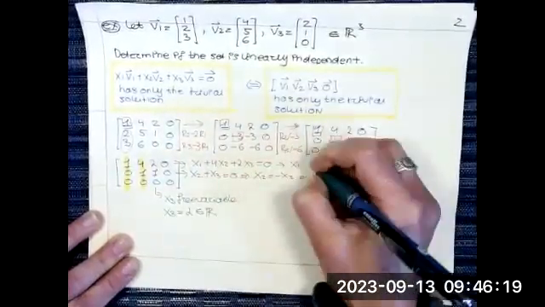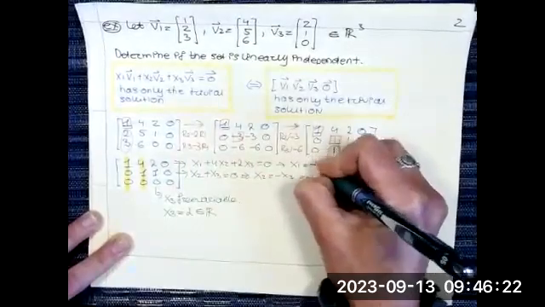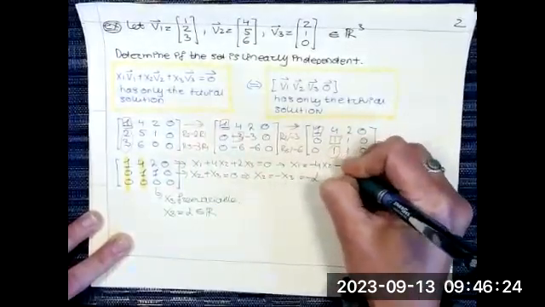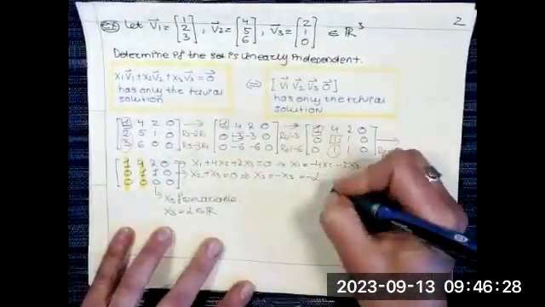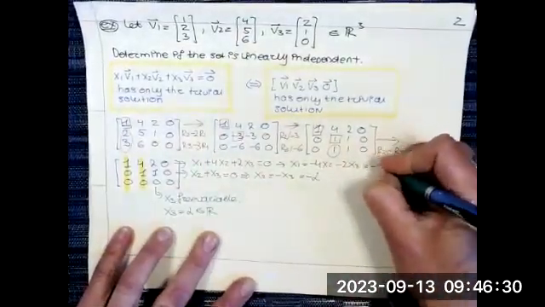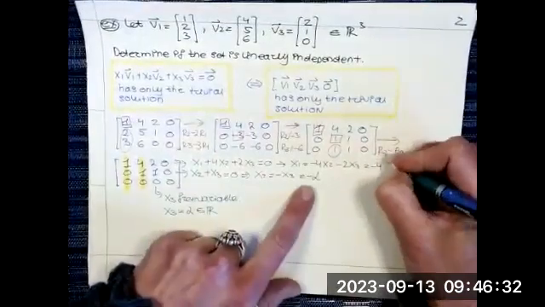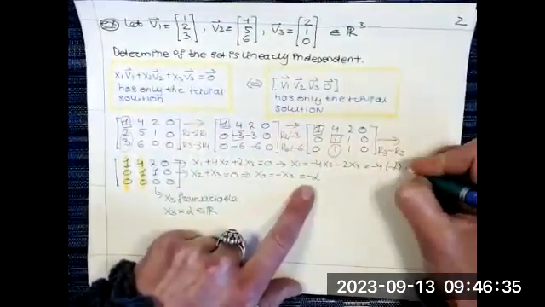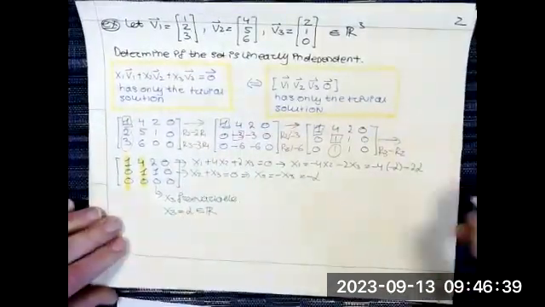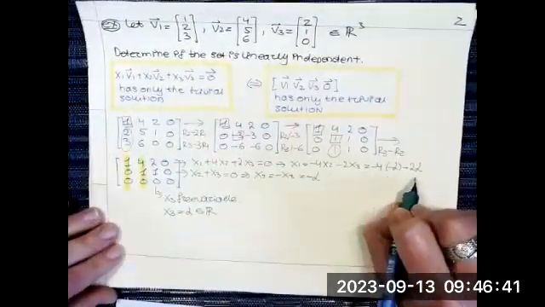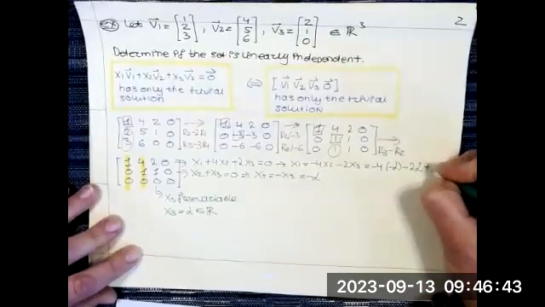Solving for x1, I have x1 equals minus 4x2 minus 2x3. I know x2 and I know x3, so I can plug in my alphas here: minus 4 times x2, which is minus alpha, and minus 2 times x3, which is alpha. So I'm going to have plus 4 alpha minus 2 alpha, or plus 2 alpha.